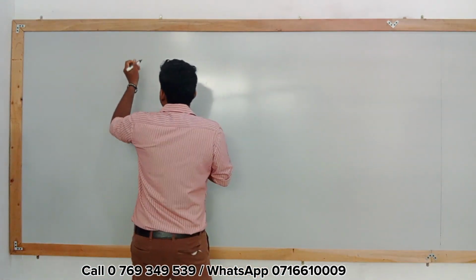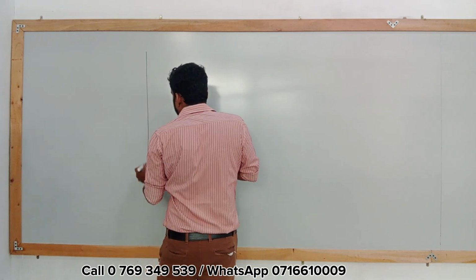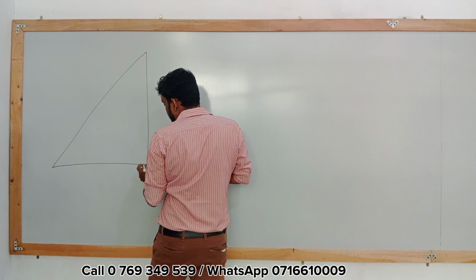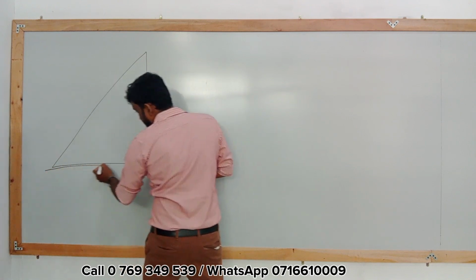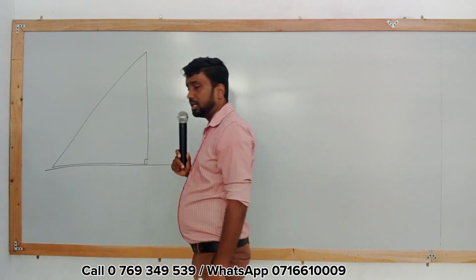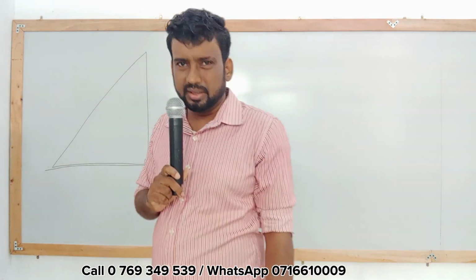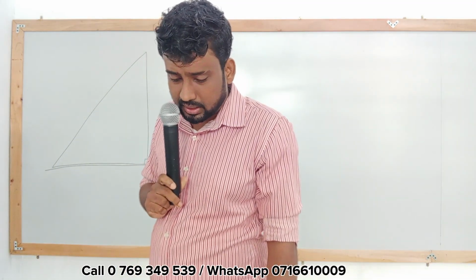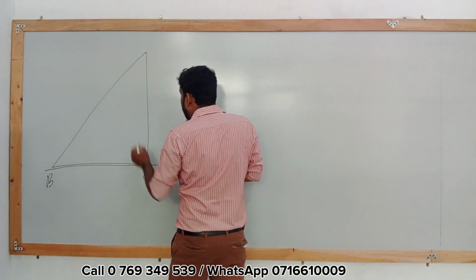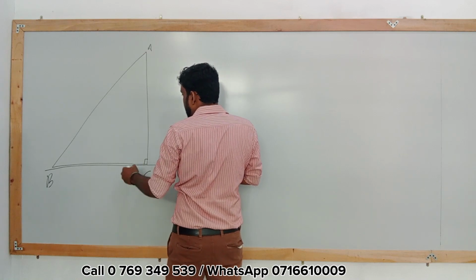First thing, we can clear this type of diagram, right? That should be bigger than the given one, right? B, C and A here, 90 degrees here.